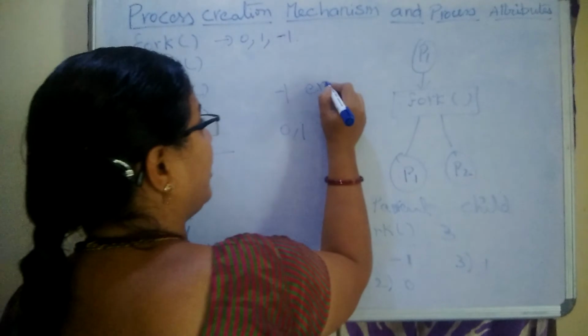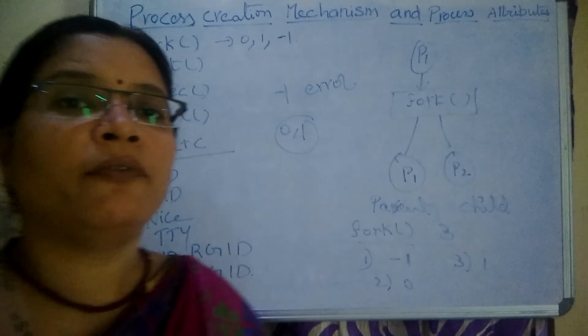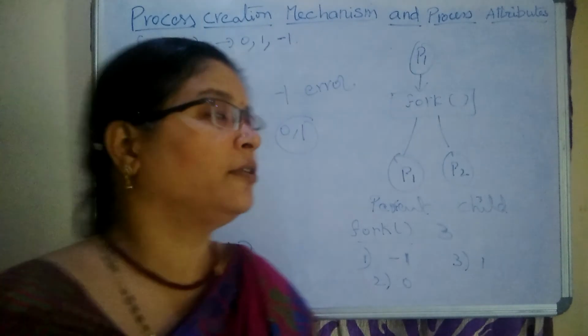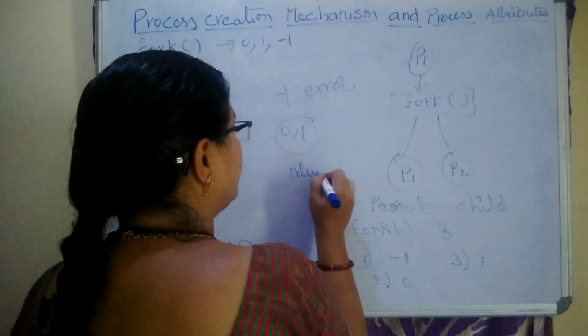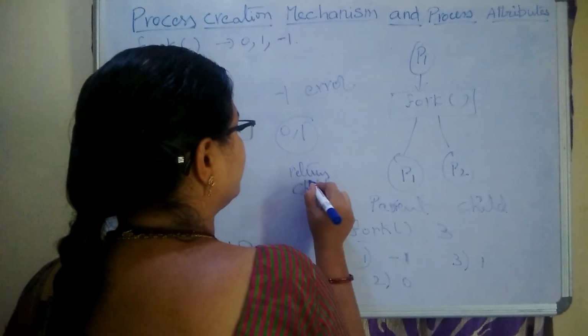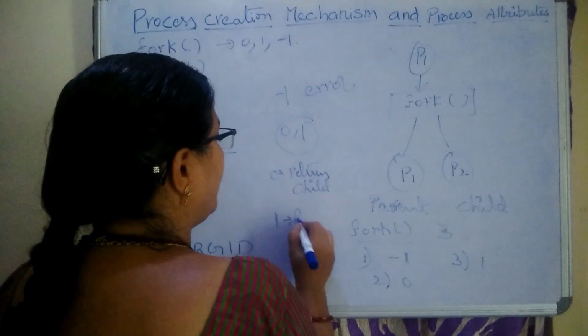After successful execution, it returns two values, one is 0 and another is 1. What is the meaning of the 0? It returns 0 to its child process, and 1 to the parent process.